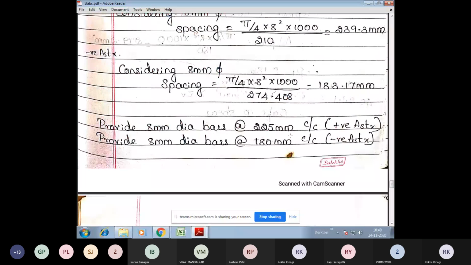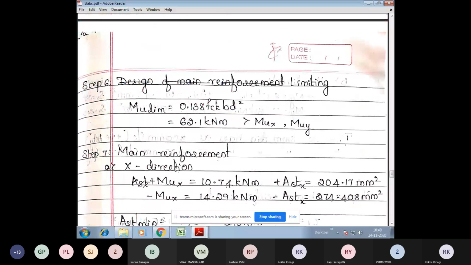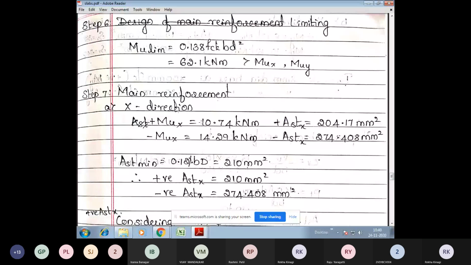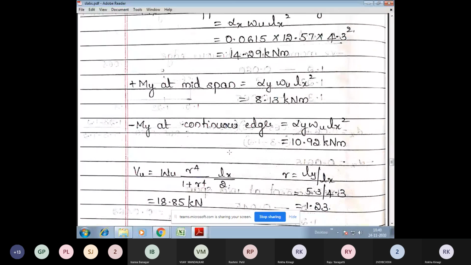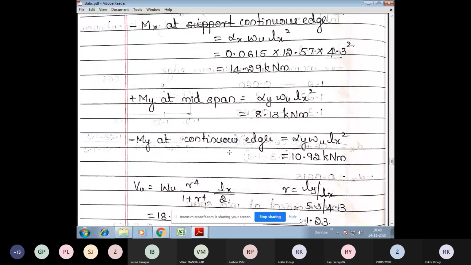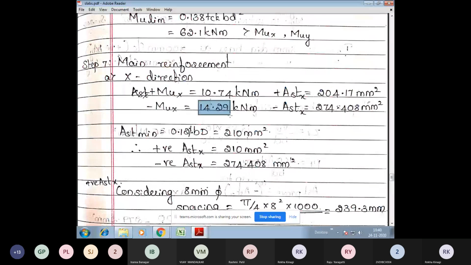So what we can consider is the maximum AST, or maximum moment. Here we have 10 kilonewton meter and 14 kilonewton meter in the X direction, and in the Y direction we have 8 and 10. So what we can consider is 14 kilonewton meter, the maximum value. So negative ASTX value is to be considered.